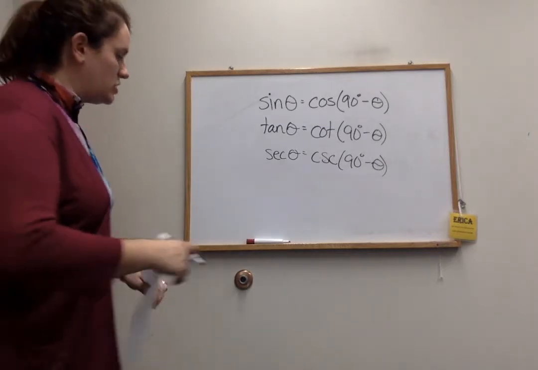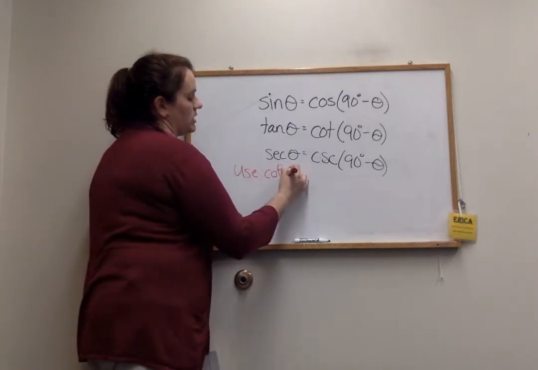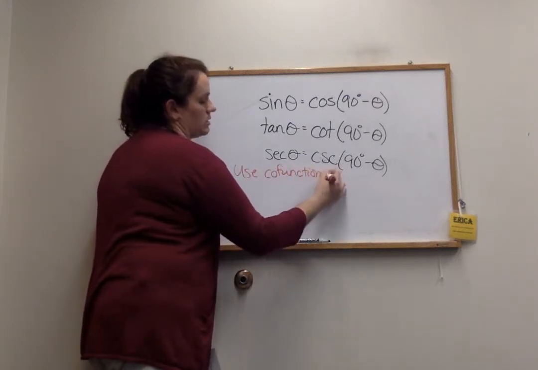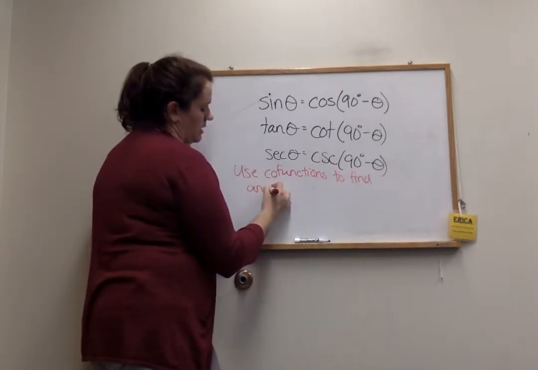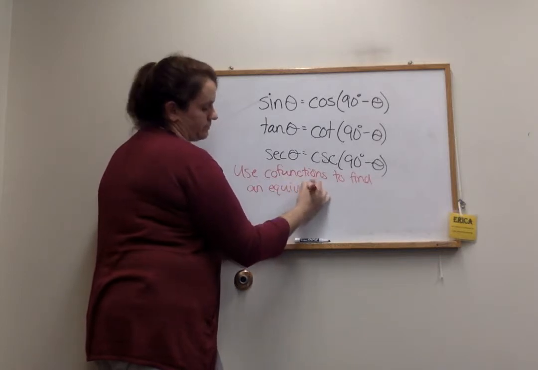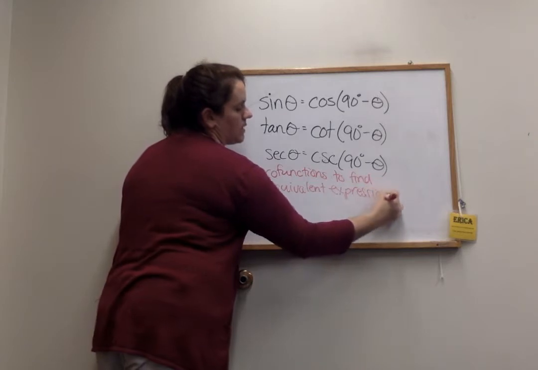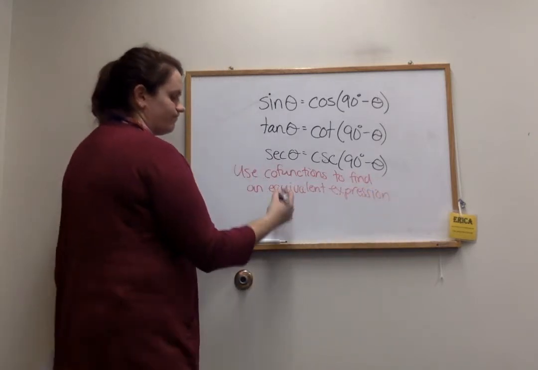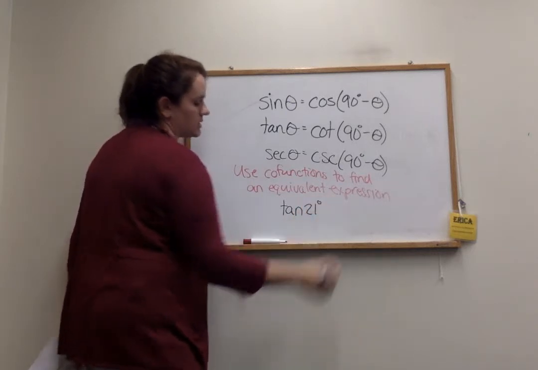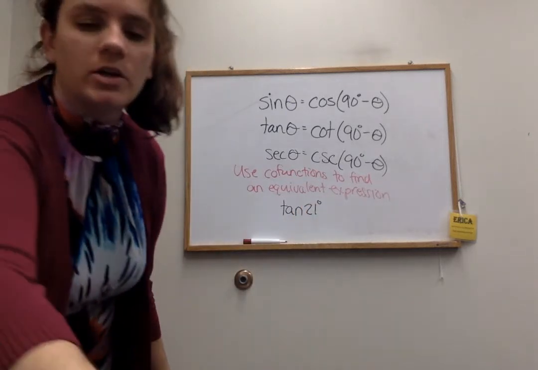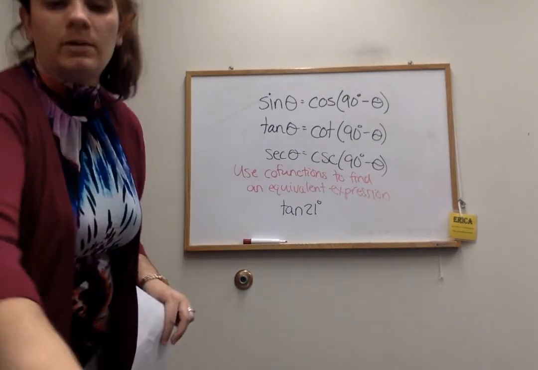But in terms of a question, it'll say something like, use cofunctions to find an equivalent expression. And they'll give you maybe the tangent of 21 degrees.